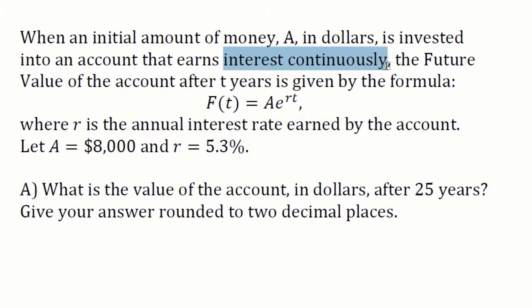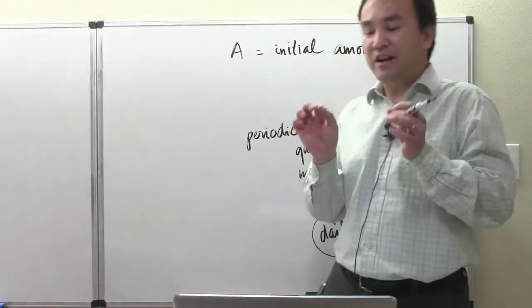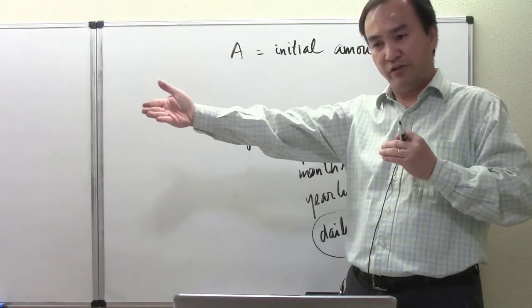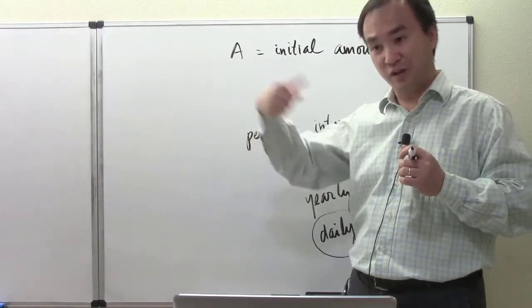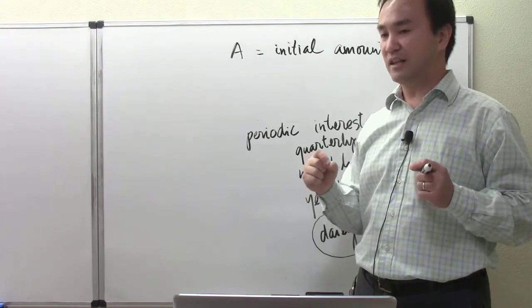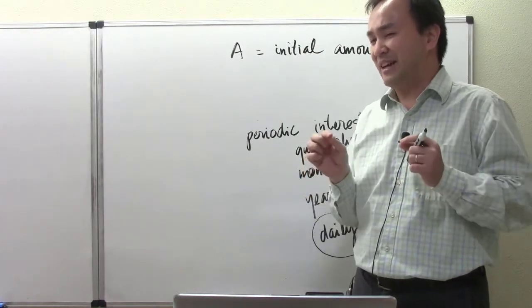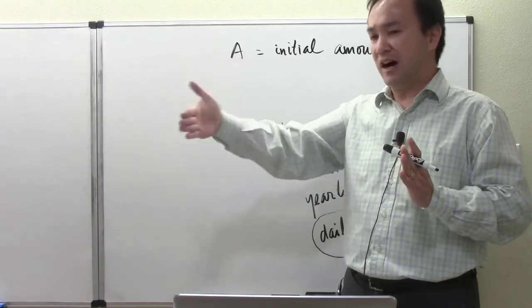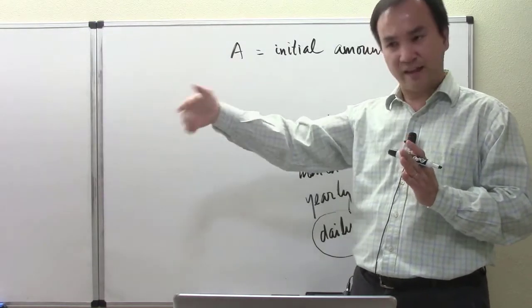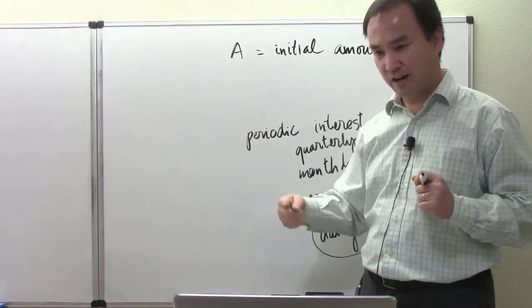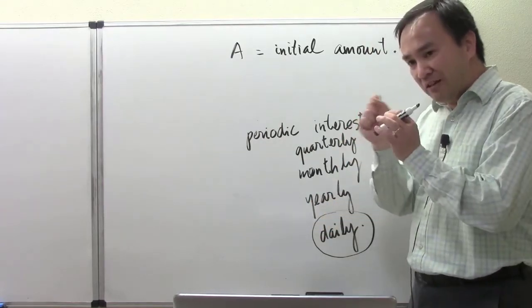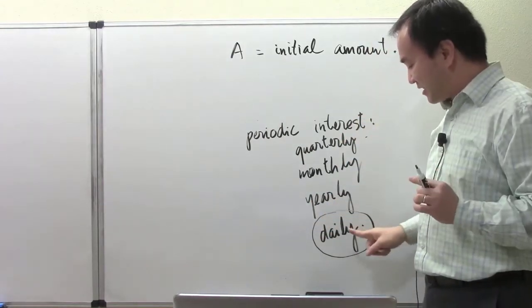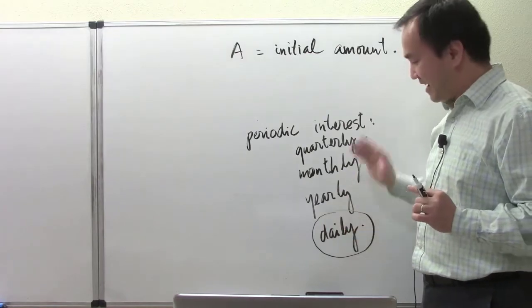The idea is that every instant after you give the money to the bank, your money starts producing interest. Don't even worry about whether it is every second. That's not the point anymore. It's every instant of time after you invest your money into the bank, it's going to keep producing money. So it's even more continuous than being daily. Okay? And that's the idea right there.